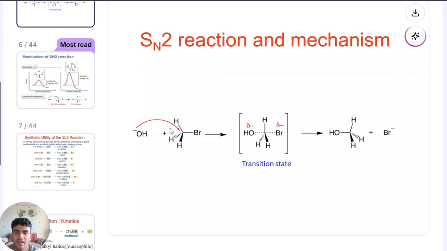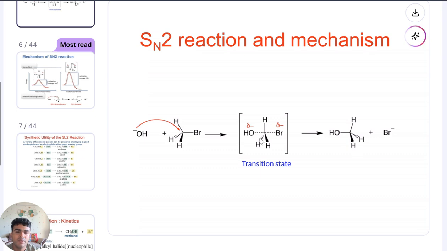In the haloalkane, the carbon is sp3 hybridized, so it has tetrahedral geometry. The halide will depart and the OH minus, that is the nucleophile, will attack from the opposite direction, and after a transition state, it will form the product.